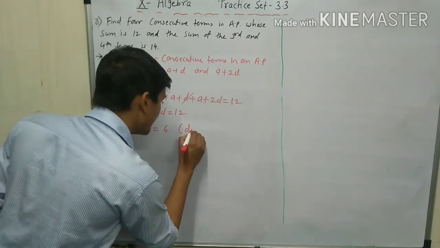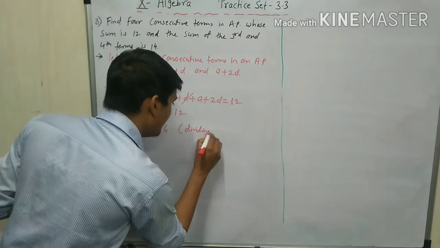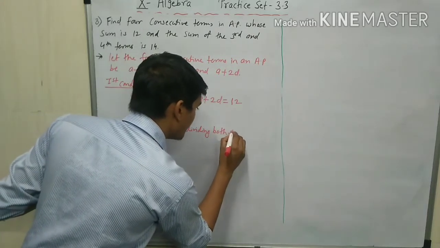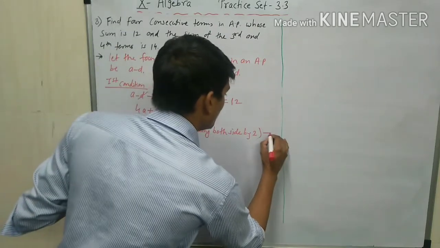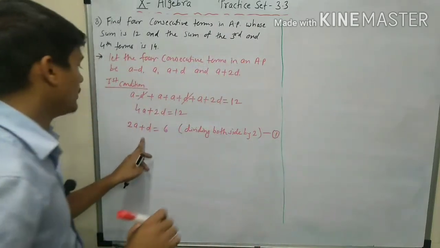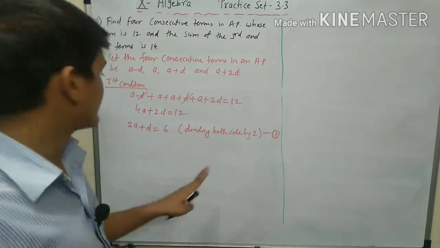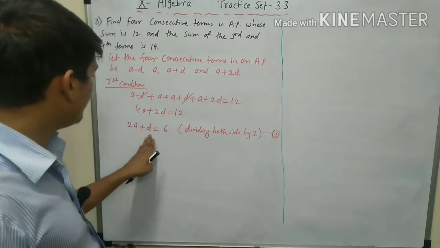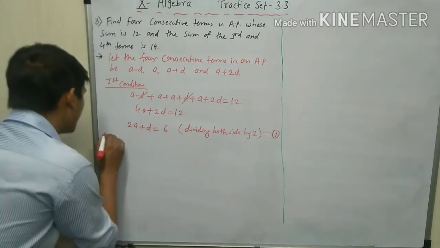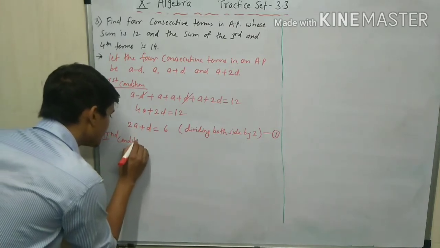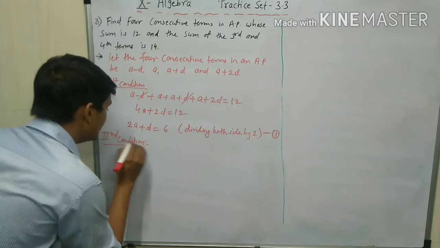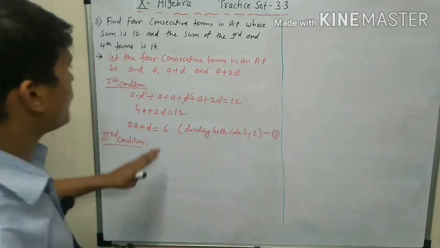Dividing both sides by 2. Understood? Now this is your equation number 1: 2a plus d is equal to 6. Understood? Now second condition. The second condition is what?